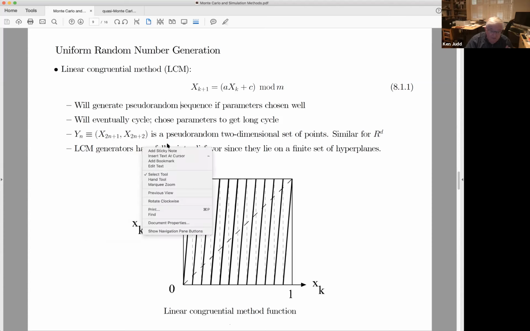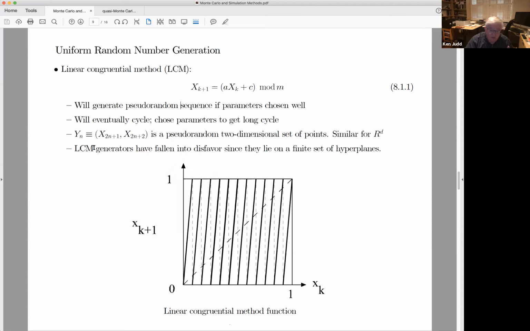Now, the linear congruential multiplier method is a bad way. We learned that a long time ago because some other tests show that they aren't really random. Now, how can they look random? Well, basically, if A is a large number, that is a slope here. So A is large means they're going to be steeply sloped.